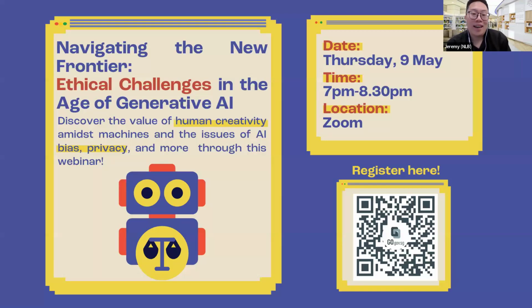Here we look at the value of human creativity among machines and explore issues in AI. Earlier Melvin was sharing about bias, and here we also explore more topics that affect the way that we use generative AI and how we can be a little bit more cognizant of our use. If you're interested in this, the link is already in the chat box, but you can also scan the QR code on screen.